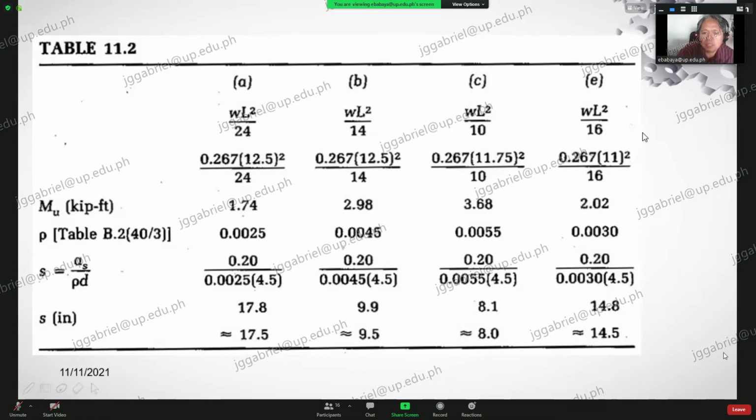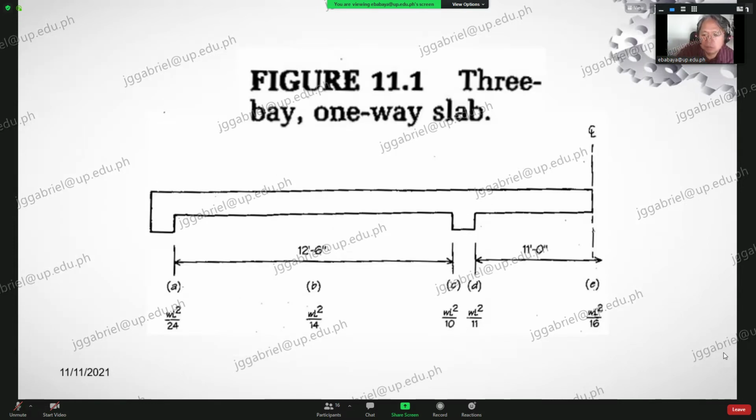Then you have here 11. Bakit nagkaganon? So this is 12.5, okay? And then this one is 11. Dito siya, no? From here up to the other end, that's 11. Okay?